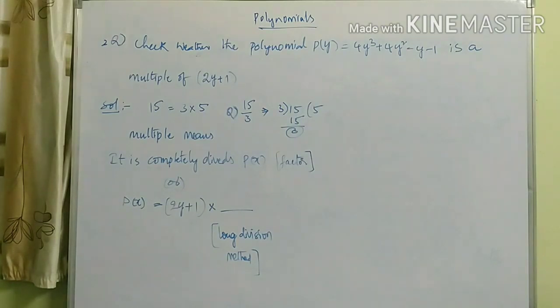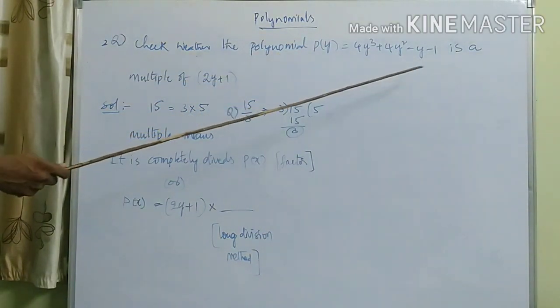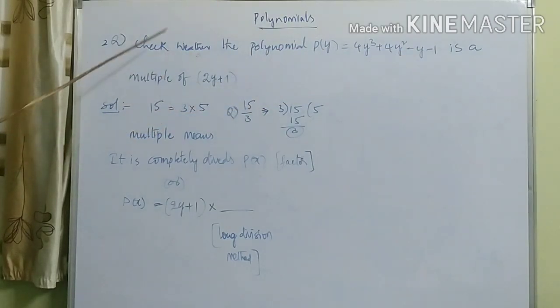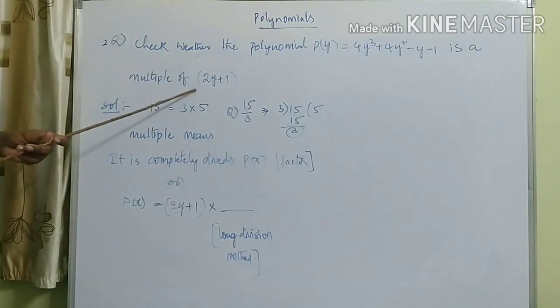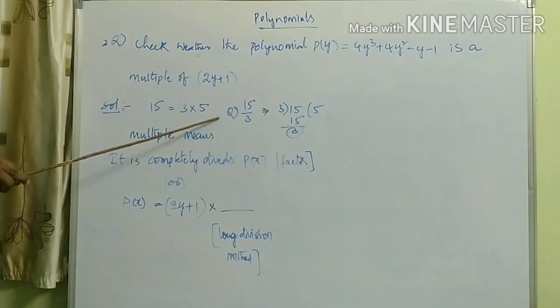So our second question: check whether the polynomial p of y is equal to 4y cube plus 4y square minus y minus 1 is a multiple of 2y plus 1. Here the solution: 15 is a multiple of 3 and 5. First, 15 by 3.